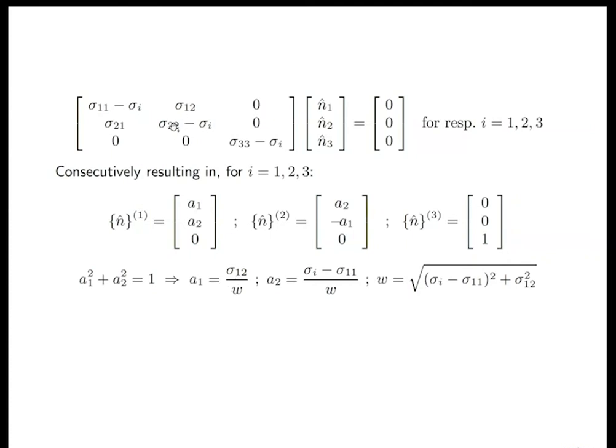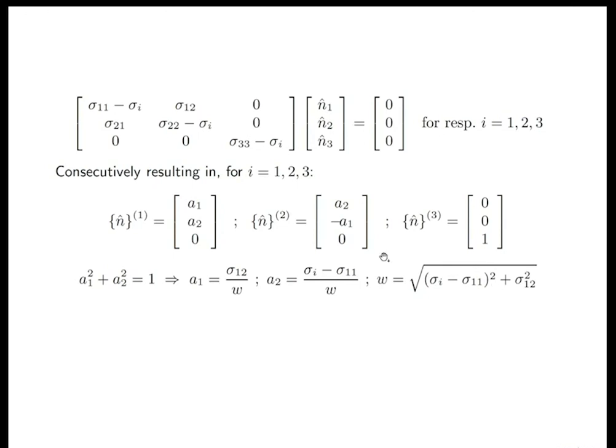The other one, sigma 2, 2 minus sigma I times n2 gives you something which is not exactly this one. The sigma 1, 1 minus I n1 gives you this relation here. Okay, and this one comes from the normalization. The two components must fulfill the normalization condition, and this is why we always get a square root from normalization.